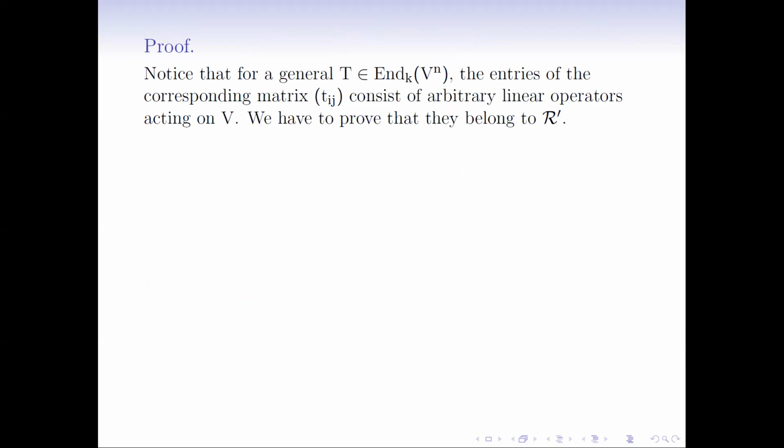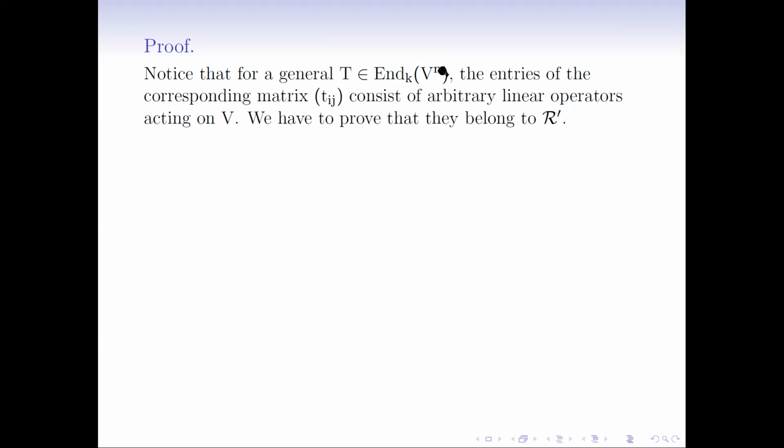So the proof. In general, of course, it's always true. I mean, it's always possible to find such a matrix. But this matrix will consist of arbitrary linear operators acting on V. If you have the direct sum of vector spaces, then every linear operator is a matrix consisting of blocks of operators.